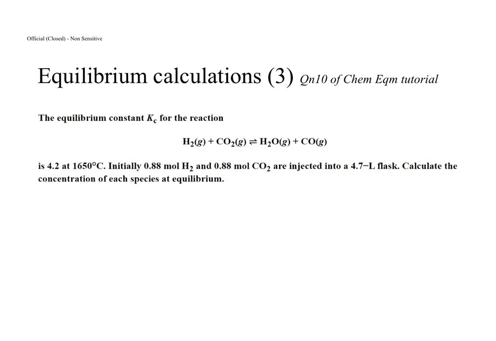In this question, once again, we are given the equilibrium constant and we are asked to calculate the concentration of each species at equilibrium. So let's start off by drawing out the ICE table because this is something that we will need to calculate the concentrations at equilibrium.